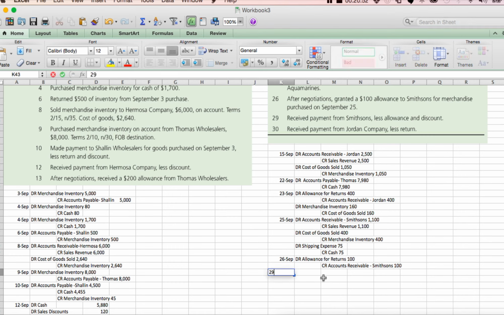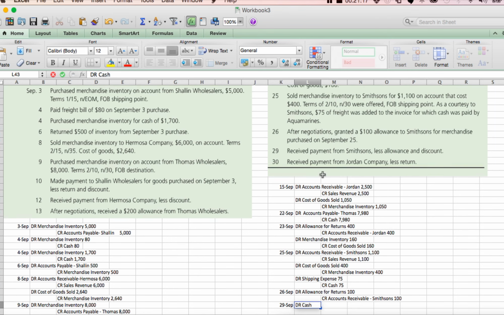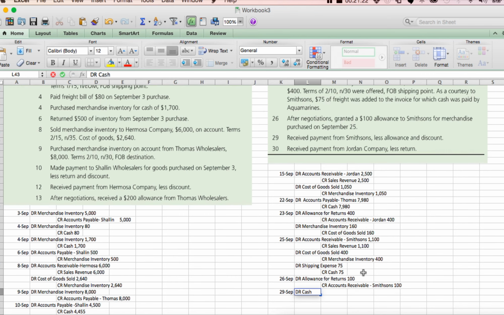So on the 29th of September, we received payment from Smith Sons less allowance and discount. Okay, so we are going to have a debit of cash here for, let's see, they had $1,100 initially. After this transaction, they only owed us $1,000. The terms indicated a 2% discount, so 2% of $1,000 is $20.